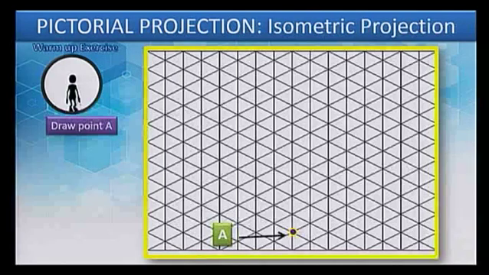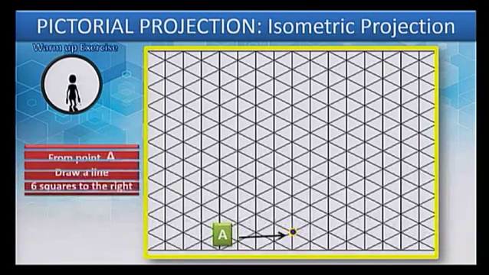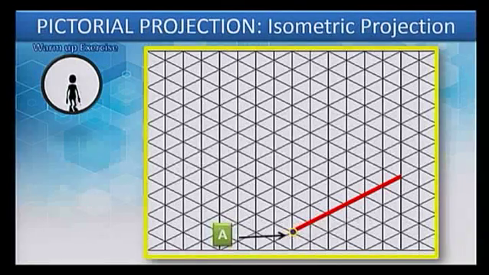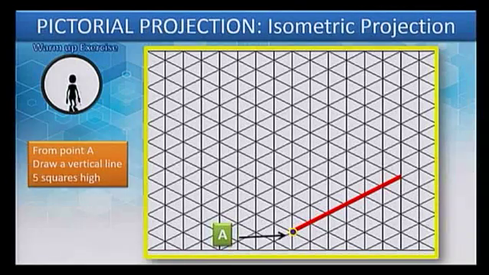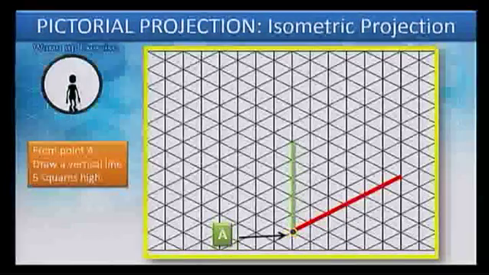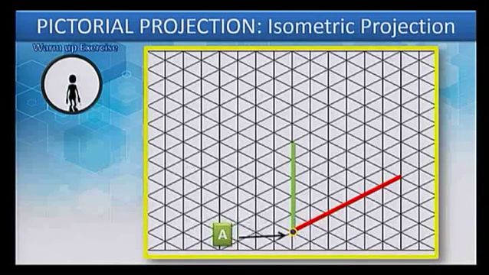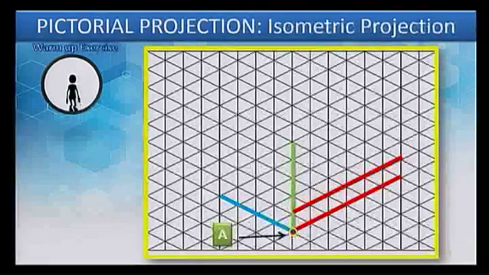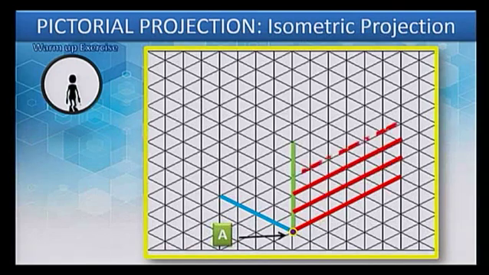From a starting point A, we draw lines along the inclined lines and vertical lines. 6 squares to the right, 5 squares upwards, and 4 squares to the left. You can practice drawing a series of similar lines, and you can even use your colored pencils to distinguish between the different lines.